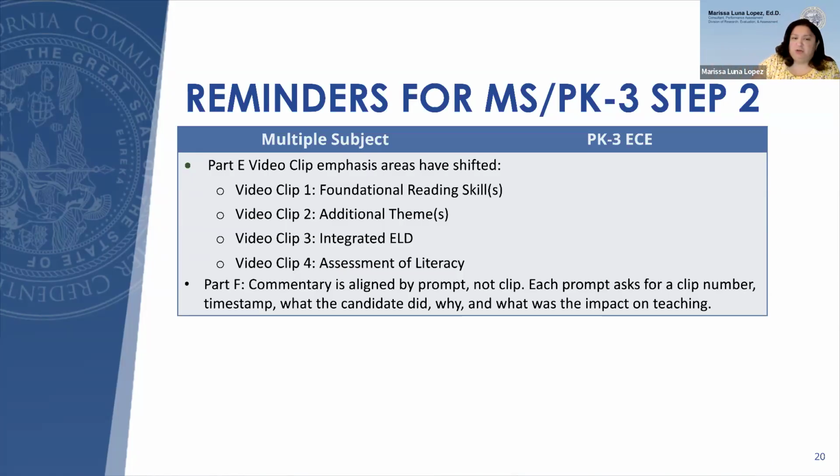But foundational reading skills in 1, additional theme in the other, integrated ELD in the 3rd clip, and assessment of literacy. That's what we are going to be looking for, and that's what rubric constructs are going to align to. So these are the 4 emphasis areas.